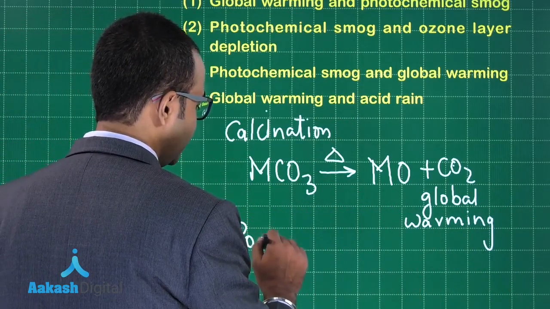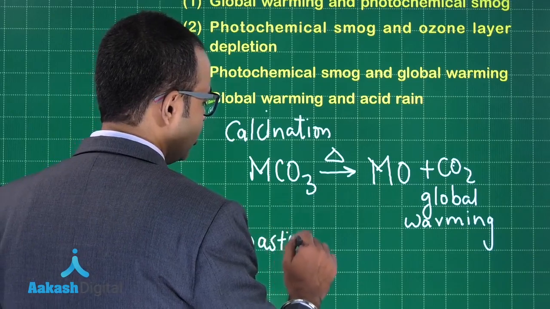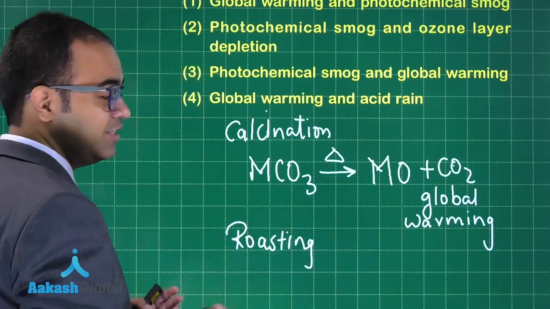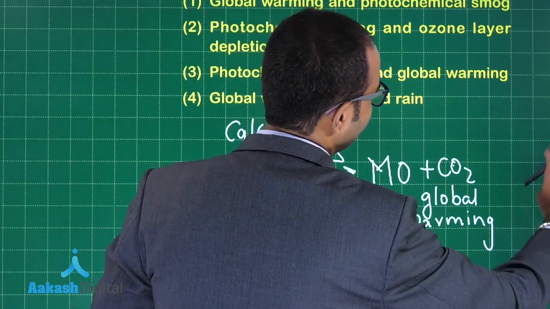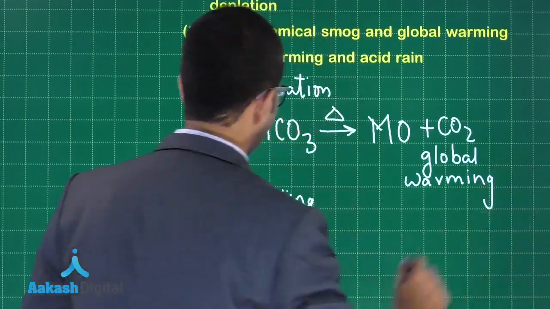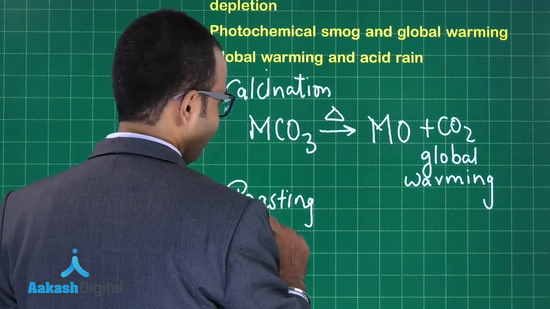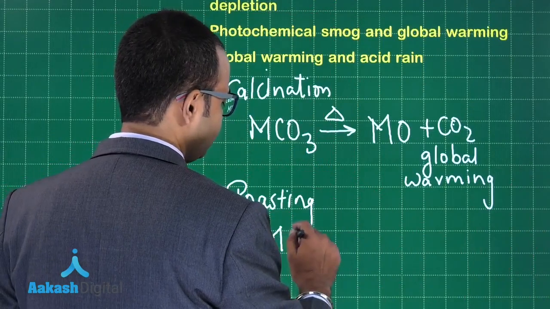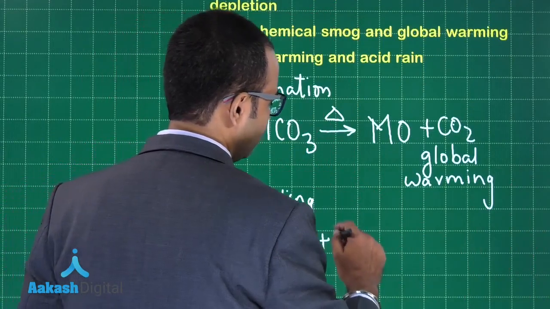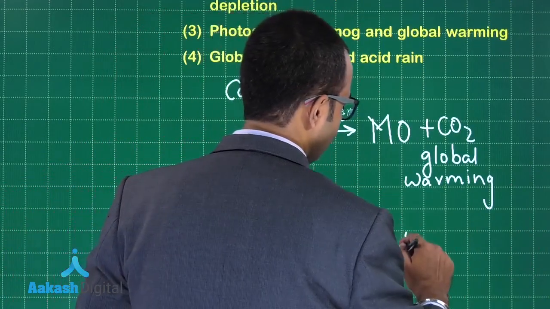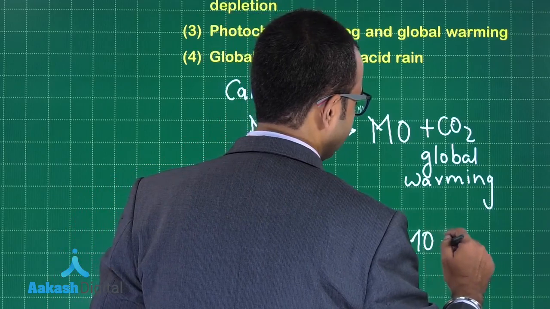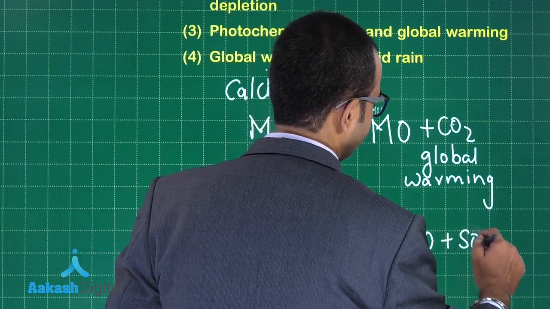In roasting, we are supplying excess of air, and we are dealing with sulfide ores. So let's say we have a metal sulfide. The metal sulfide is treated with oxygen. So we get a metal oxide and SO2.